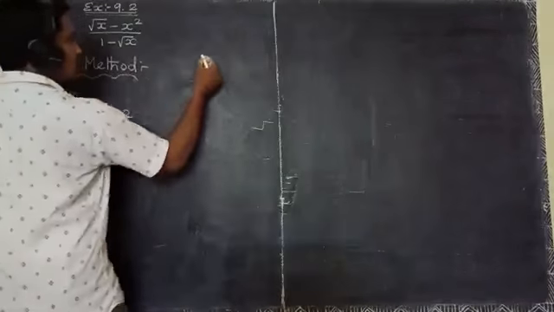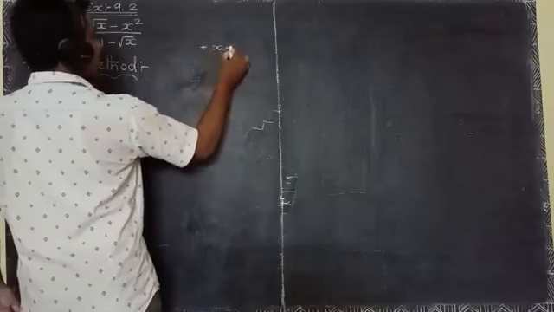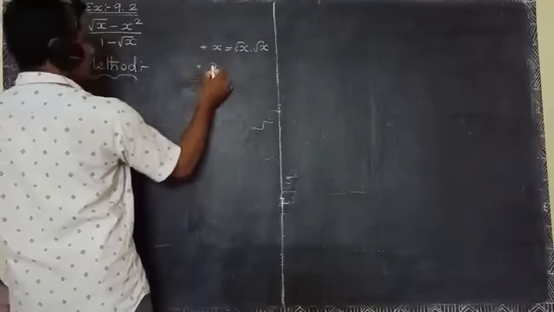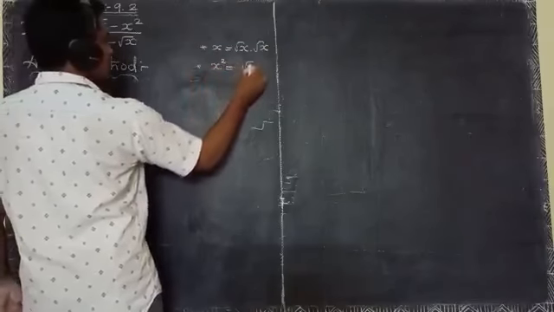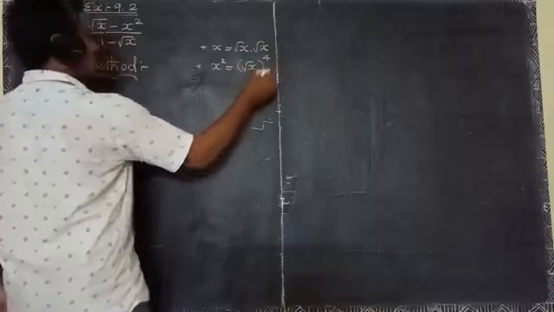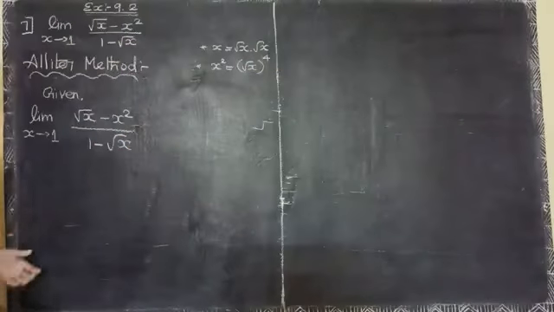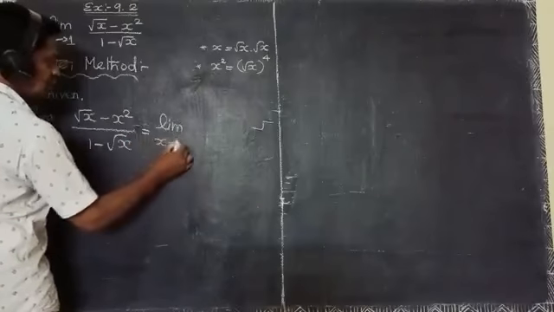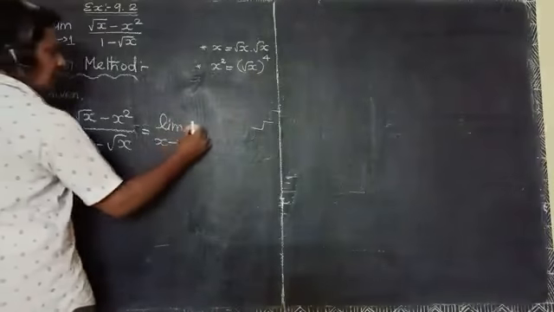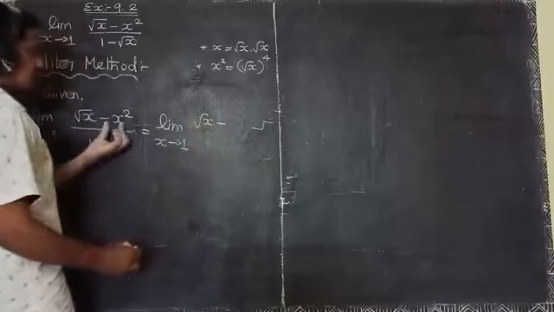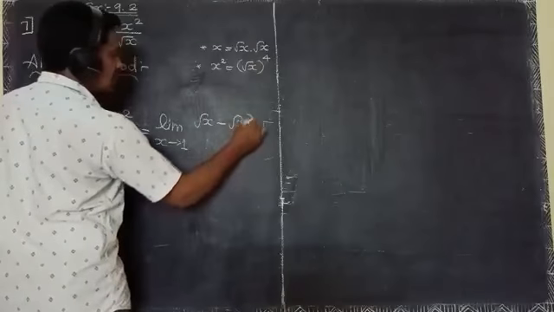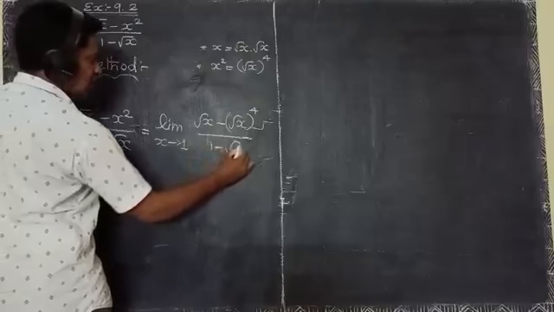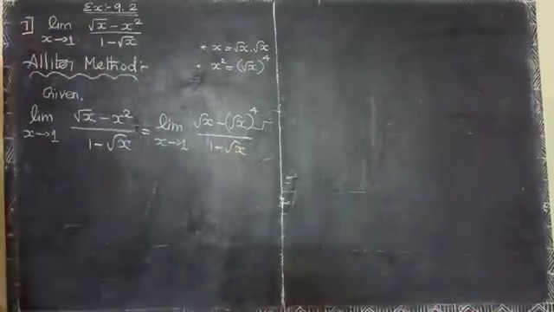We know that x can be written as root x into root x, and x square is root x whole power 4. Given function can be written as limit x approaches 1, root x minus root x whole power 4, divided by 1 minus root x.